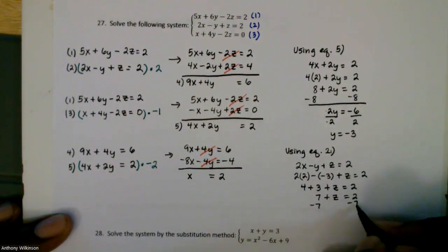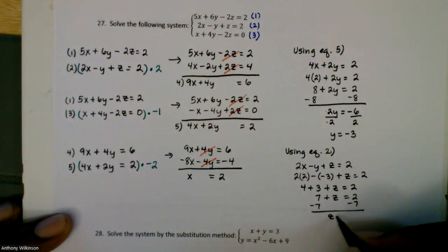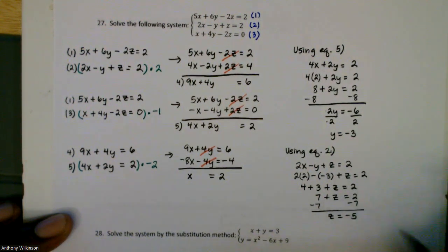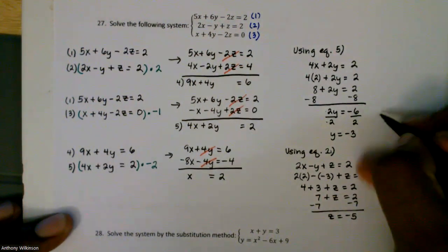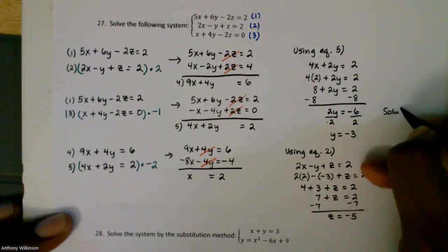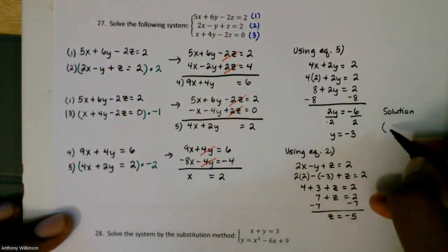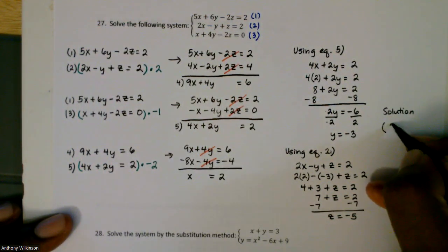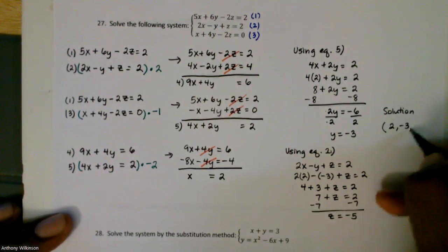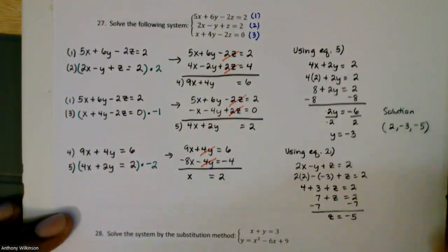And if we subtract 7 on both sides, you're going to get z is equal to negative 5. So that means my ordered triple that satisfies this linear equation in 3 variables will be 2, negative 3, negative 5.